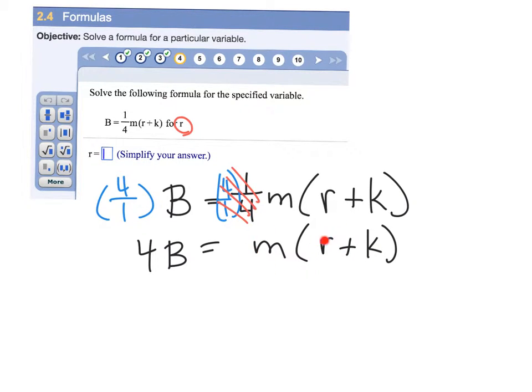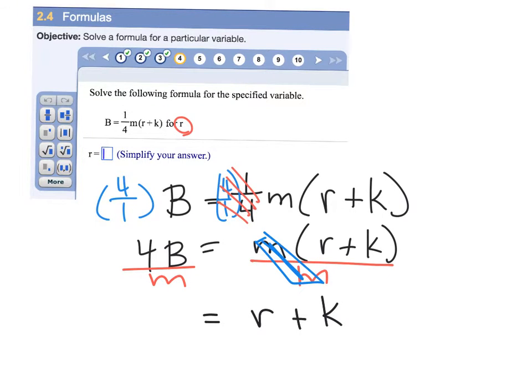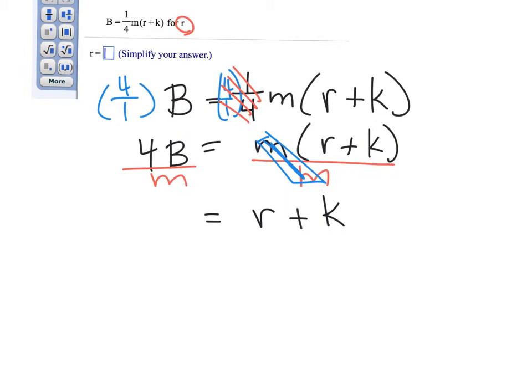And I want to get R plus K all by itself, so I'm going to get rid of this m, which means now I'm going to divide both sides by m. And so what does that end up giving us? Well, m divided by m, that's a 1. So the right side is R plus K, and the left side is 4B divided by m.